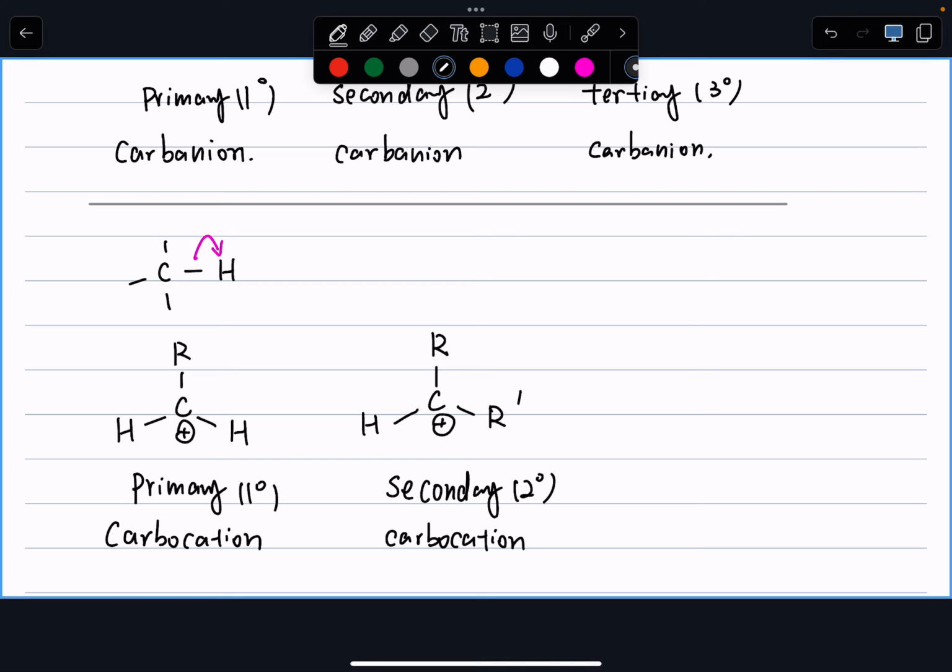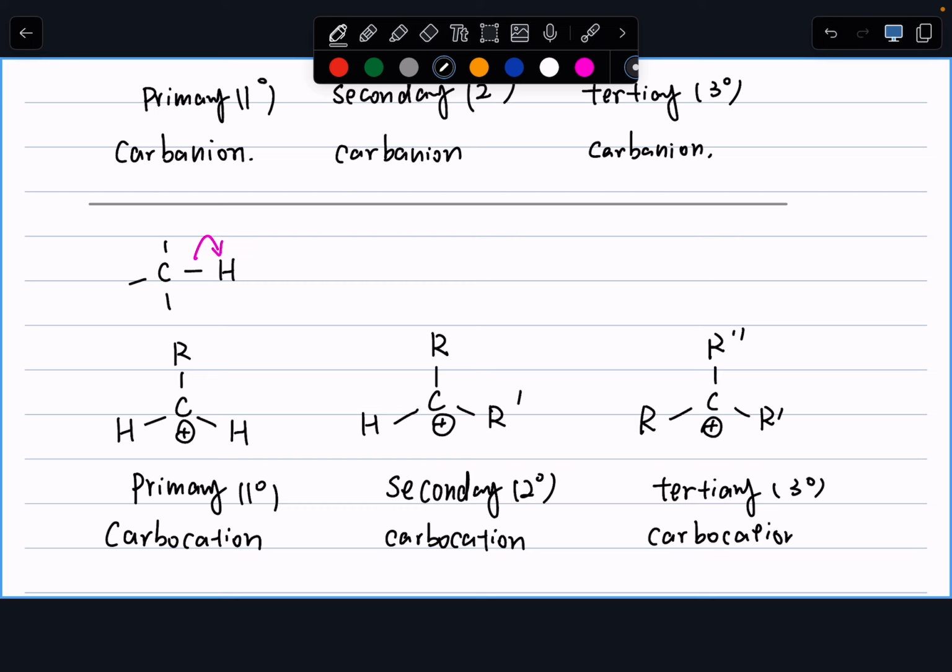And tertiary, when you have 3 different R groups attached to it. All right, and for the stability trend of the carbocation, the tertiary carbocation is the more stable one, and the primary carbocation is the less stable.